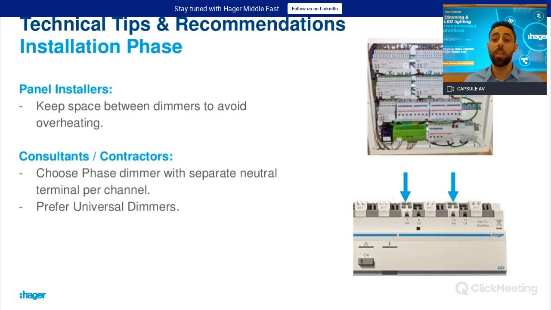So always ask the supplier, always ask different suppliers what their opinion is. Sometimes the supplier or the manufacturer wants to sell you a product, especially in non-KNX products. Okay, they want to sell you a closed proprietary system where the dimmer is not universal. We still see it. We are in 2020 and we still see it.